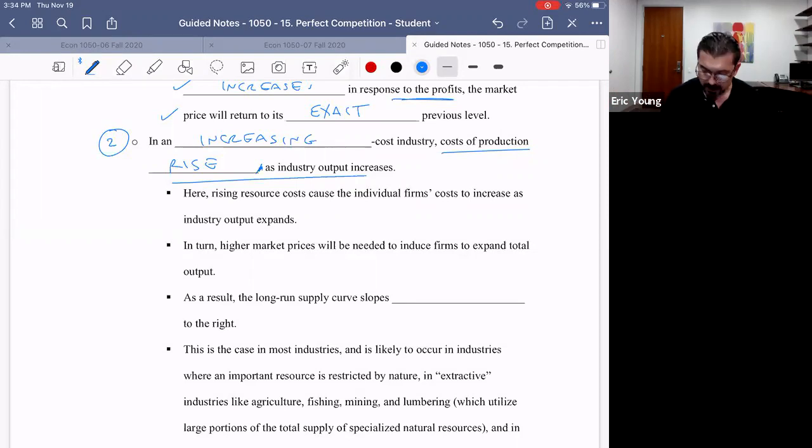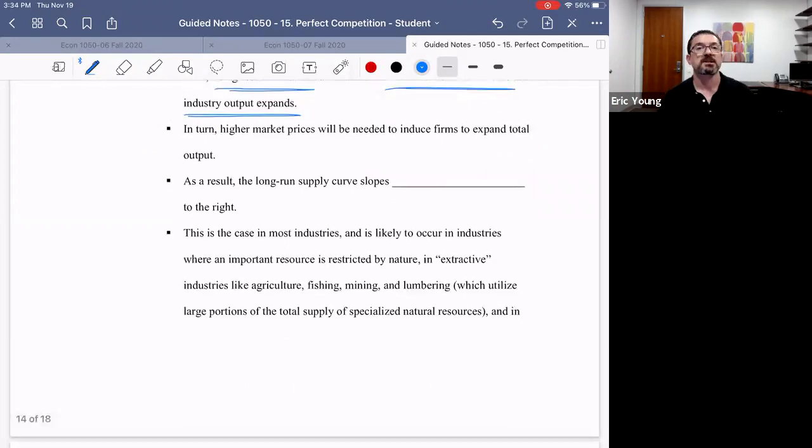Okay? In other words, rising resource costs will cause the individual firm's cost of production to increase as the industry supply increases. In other words, as output expands, average total cost curves will shift upward because resources are more expensive, so existing firms will need higher market prices in order to justify producing more.